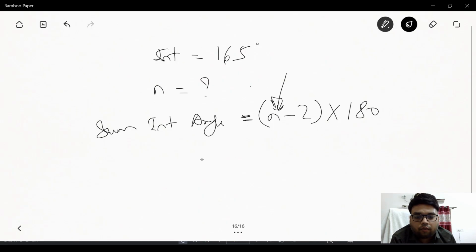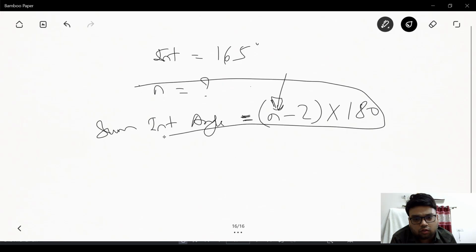Now here what we have to do: given the interior angle, don't use this formula. You have a simpler way to solve this.